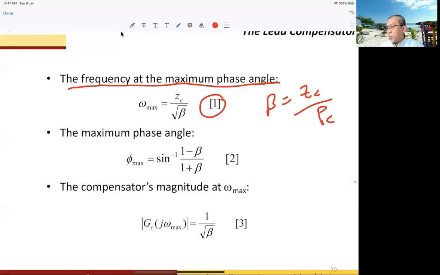And then the maximum phase angle is given by phi max, okay, phi max equal to inverse sine of (1 minus beta) divided by (1 plus beta), okay, inverse sine. That is equation number 2.